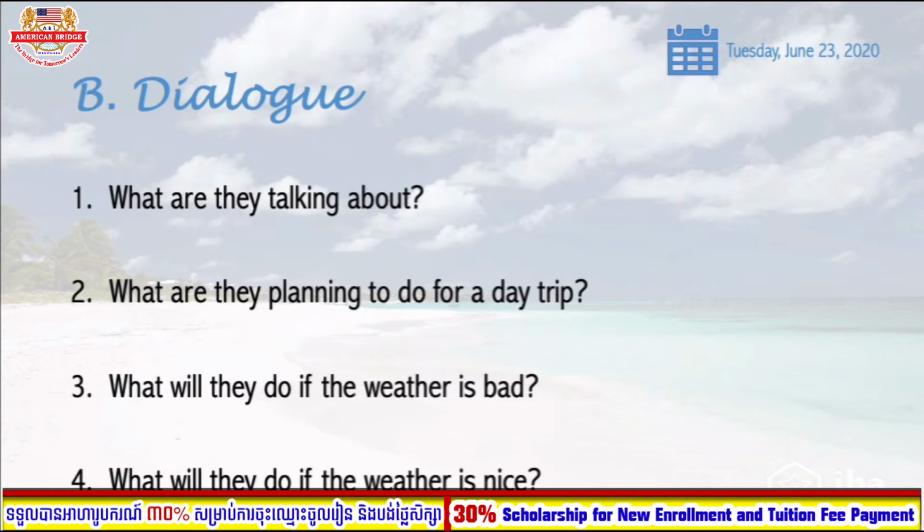Number 3, what will they do if the weather is bad? Number 4, which is the last question, what will they do if the weather is nice? Okay, so these are the 4 questions that you need to listen to the conversation in order to get the answer. So everyone, are you ready for the listening activities?